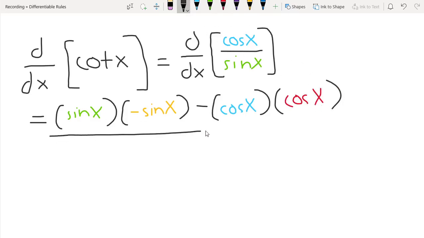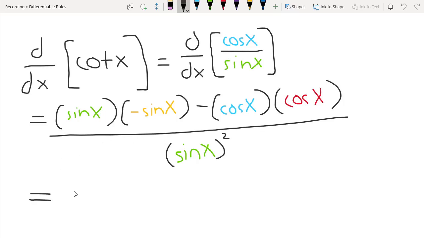And this would all be over sine of x squared. Okay, now that we know that, we can simplify this a little.